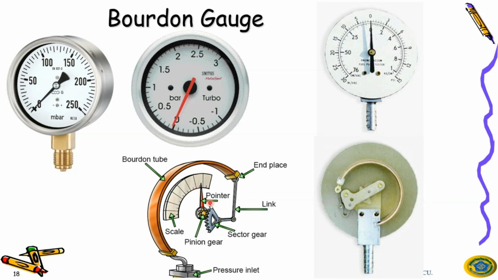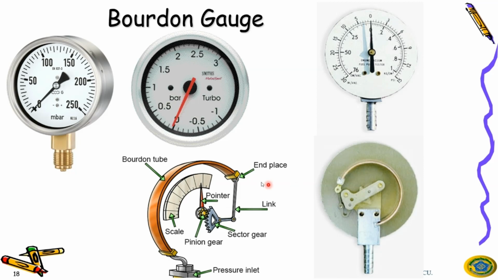This is the scale. If I apply pressure to this tube, what happens? Does it go this way or that way? You know when you have a breather, it was curved, and when you blow, it goes straight.